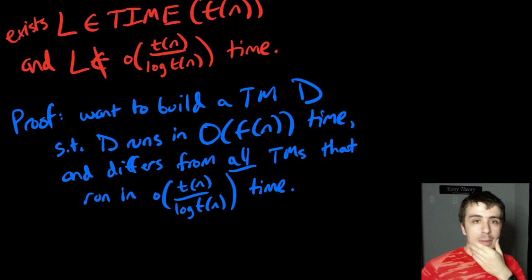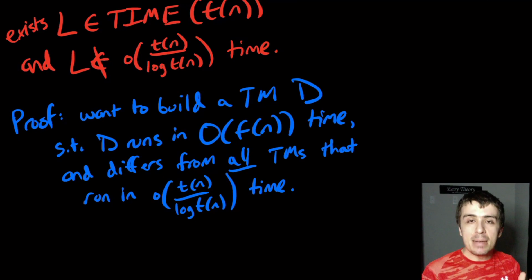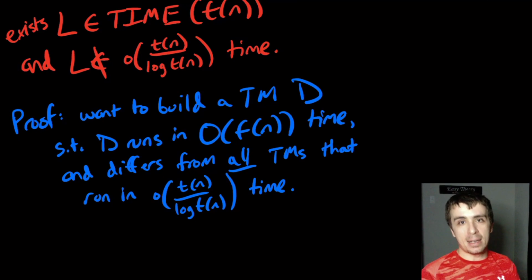Okay, so if it differs from all of them, then we're good. This is the idea behind the proof. It's a proof by diagonalization.